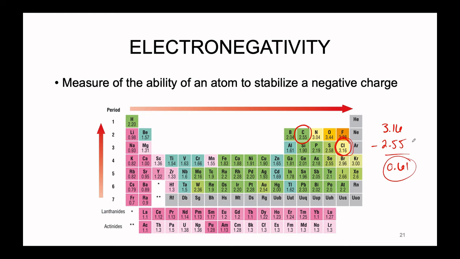Now, on the ultimate scale of bond polarity, the value of 0.61 is not incredibly polar, but it is still greater than 0.5, and it's great enough to say, yeah, this is a polar bond. The electron pair between carbon and chlorine is better stabilized by chlorine.